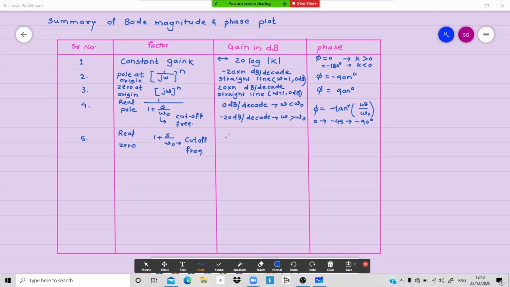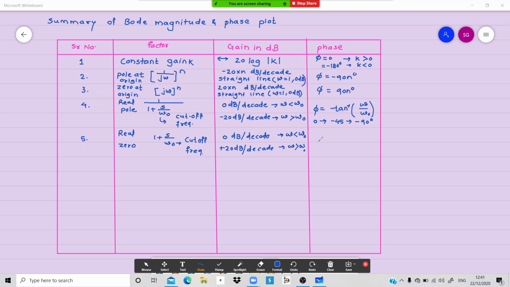We had seen that it is 0 dB per decade when omega is less than omega naught, and plus 20 dB per decade when omega is greater than omega naught.